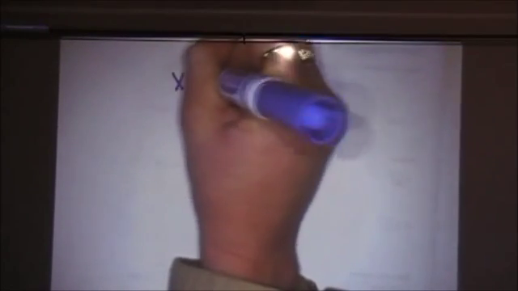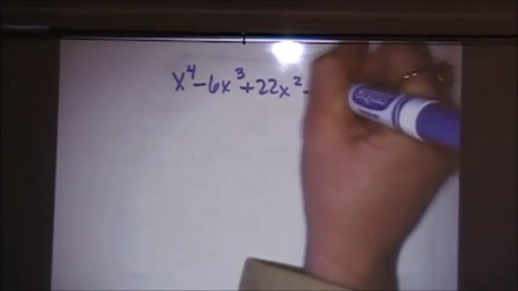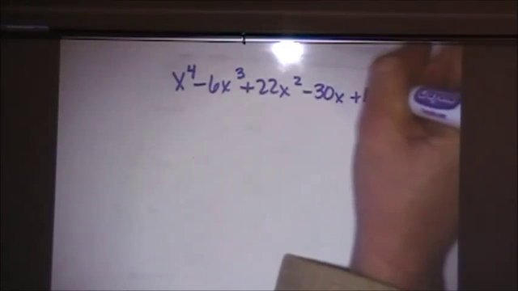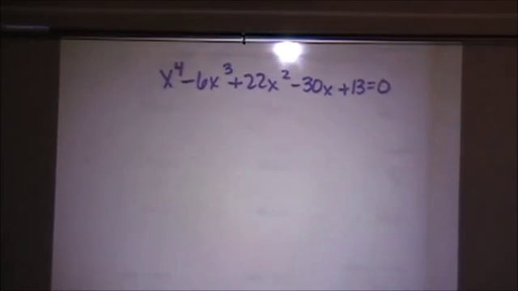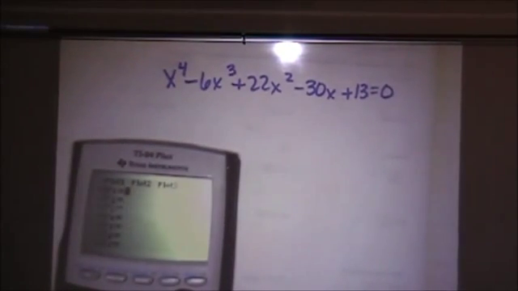X to the 4th minus 6x cubed plus 22x squared minus 30x plus 13 equals 0. So I'm going to first plug it in my calculator and look for the first 0. So I'm typing in x to the 4th minus 6x cubed plus 22x.